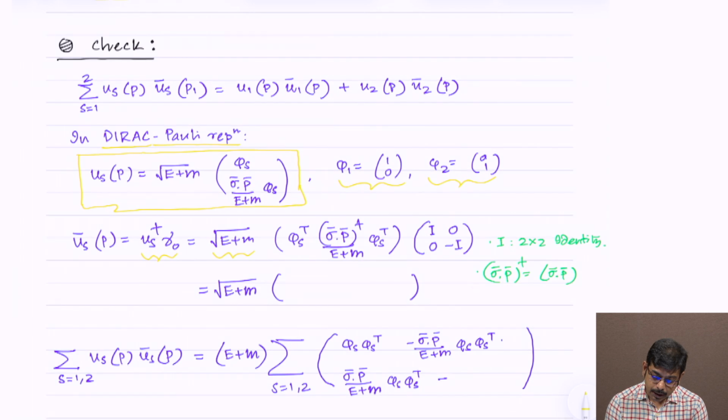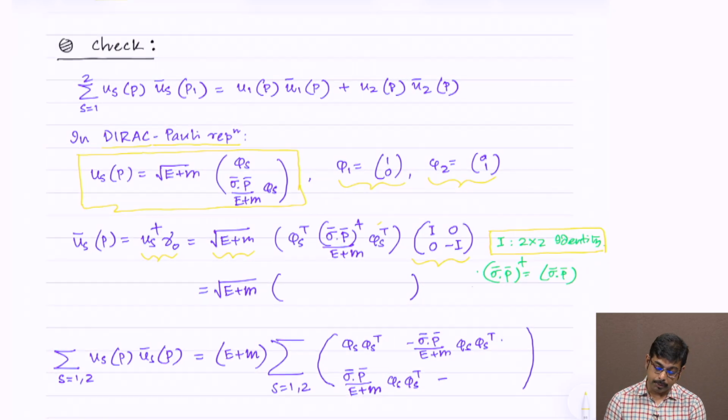What will happen to sigma dot P by E plus M? That simply becomes sigma dot P dagger by E plus M into phi_s transpose. And then gamma 0 in the Dirac-Pauli representation is simply I 0, 0 minus I, where I is the 2 cross 2 identity matrix, correct.